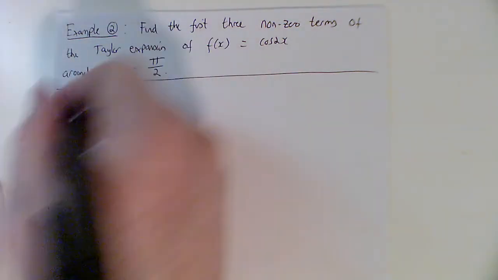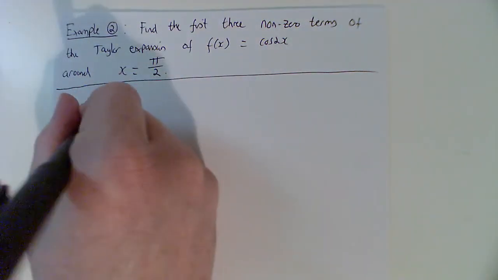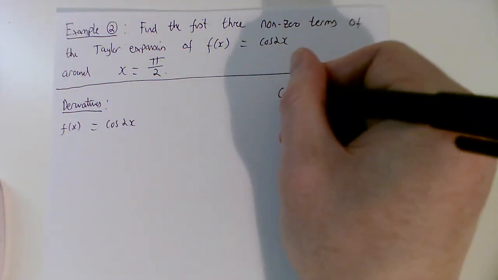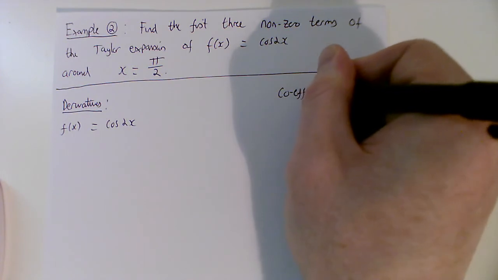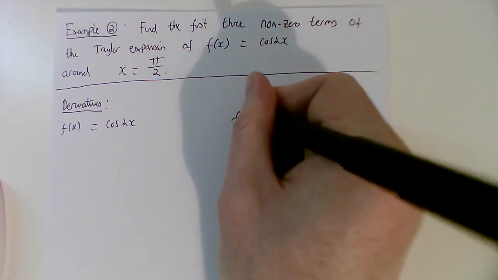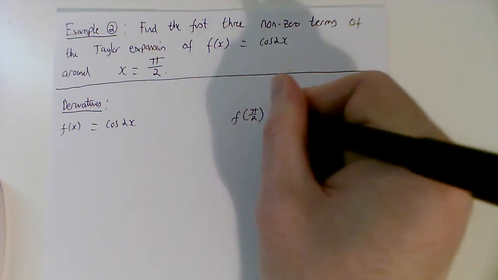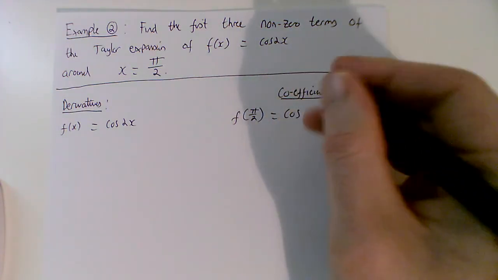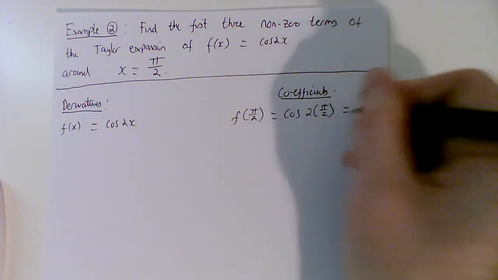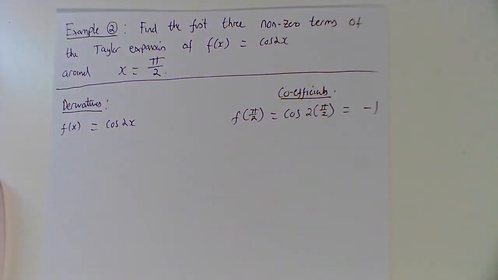So f of x equals cos 2x, and then we've got our coefficients. So f of pi by 2 equals cos 2 pi by 2, which is -1 on your calculator.